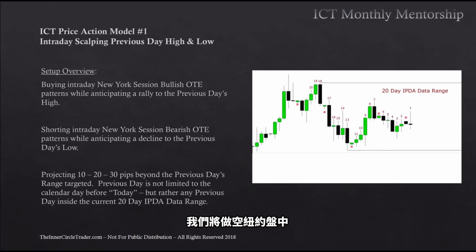We're going to be shorting intraday New York session bearish optimal trade entries while anticipating a decline to the previous day's low. Projecting 10, 20, or 30 pips beyond the previous day's range targeted.